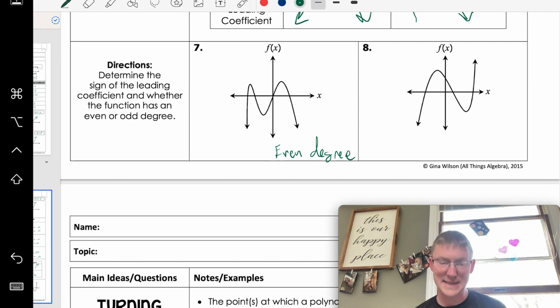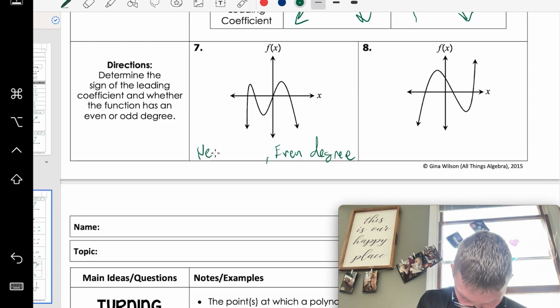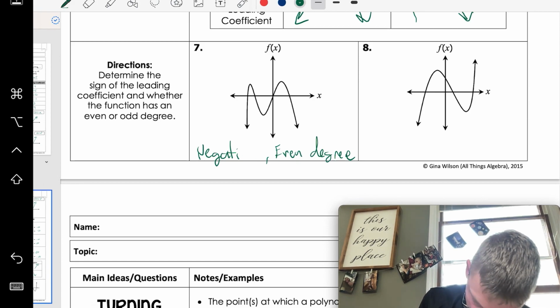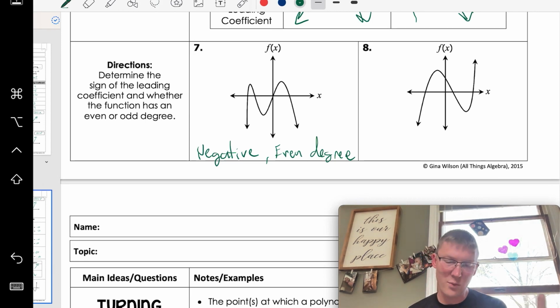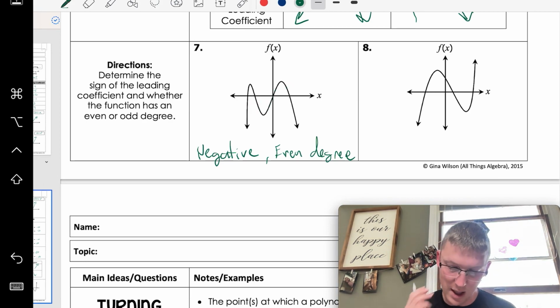Since it's going down, the leading coefficient is negative. We can tell it's not x squared, because this is much more complicated than that.